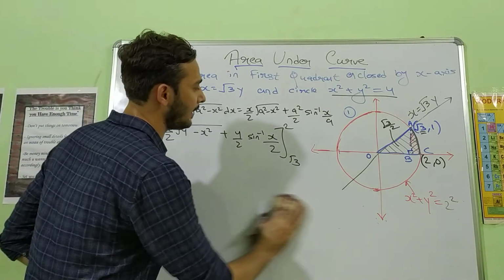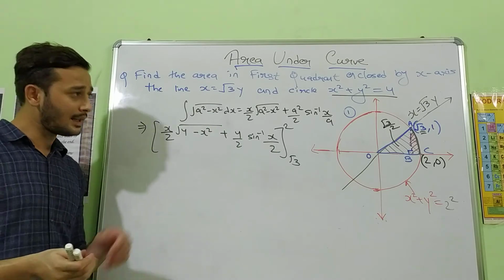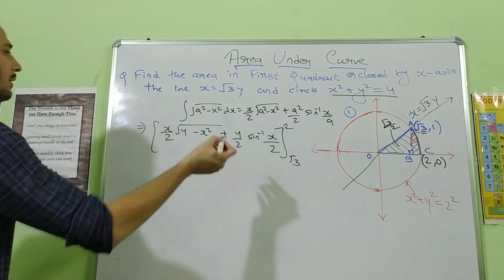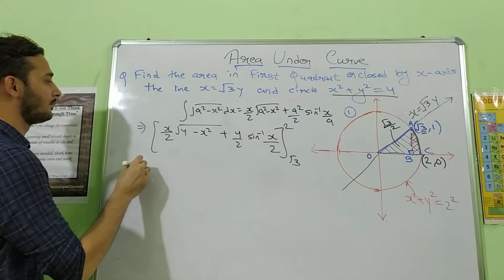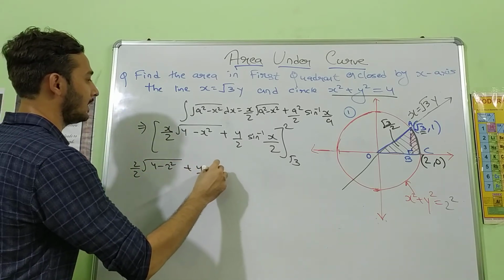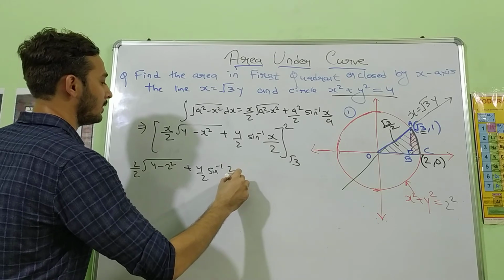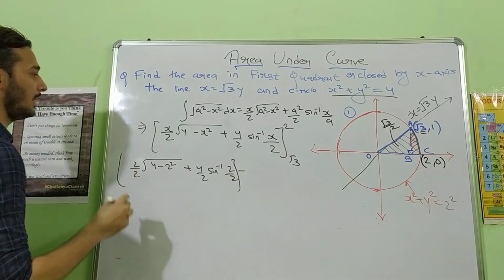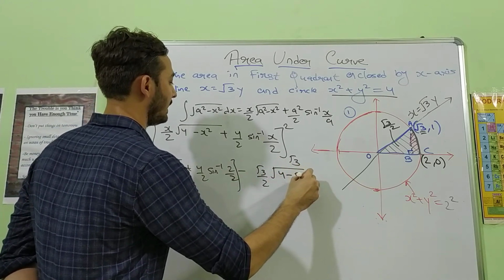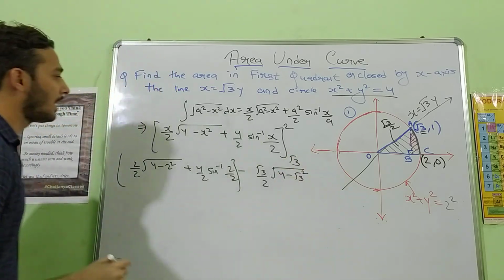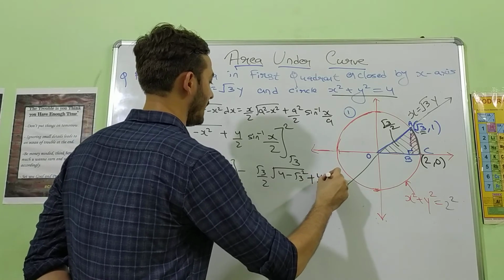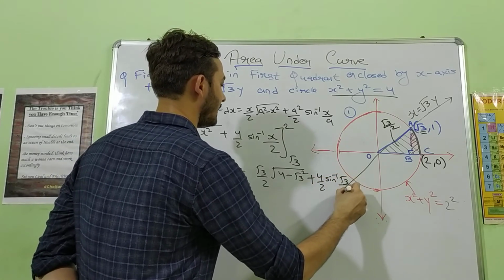Simple. The only important thing here is to find the limits, where to where to integrate. Alright. Now put the values. Upper limit: 2 by 2 root 4 minus 2 square plus 4 by 2 sine inverse 2 by 2, minus the lower limit: root 3 by 2 root 4 minus root 3 square plus 4 by 2 sine inverse root 3 by 2.